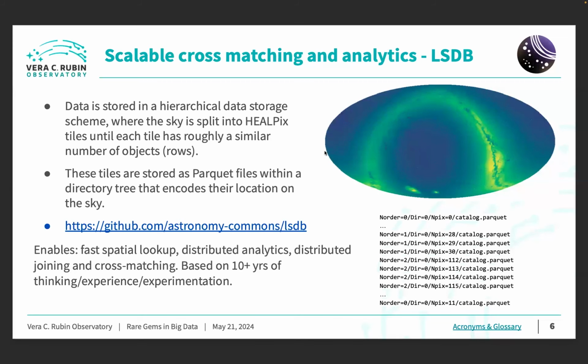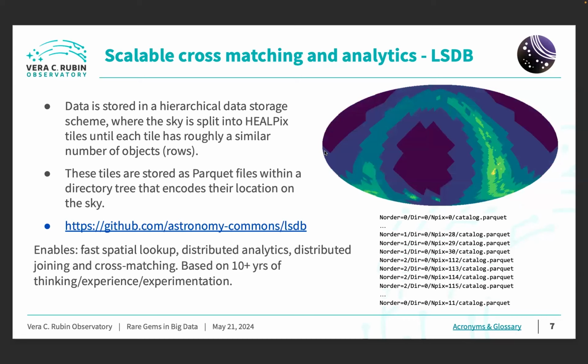So different parts of the sky have a lot more data. So where the number density of objects is higher, we make smaller pixels. That means that each of these pixels fits in the memory of a single core. And we store it in these Parquet files in the structure that is shown here.